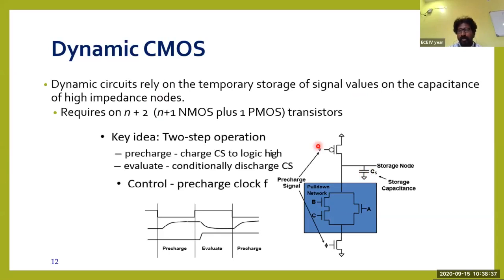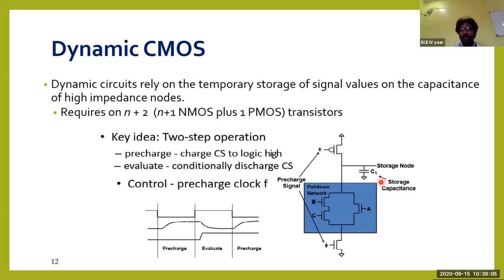If the clock is equal to 0, then the capacitor is fully charged. Whenever the clock is equal to 1, this PMOS is turned off and the NMOS is turned on. That's why the discharging takes place. So it's a temporary storage logic here, and it requires n+2 devices.